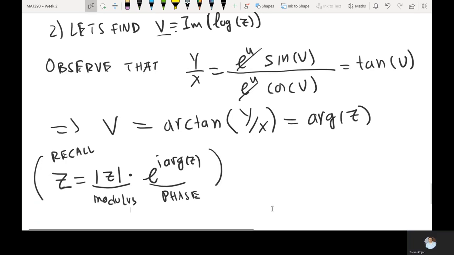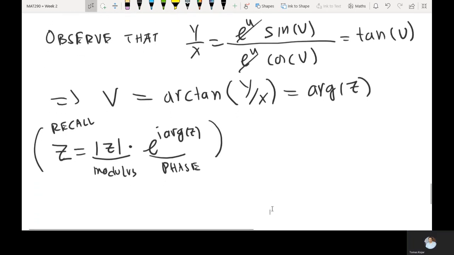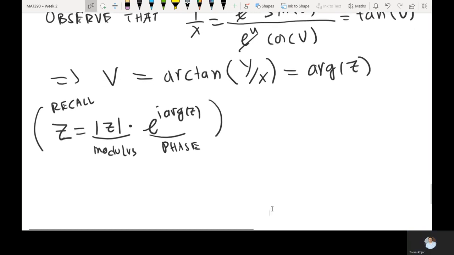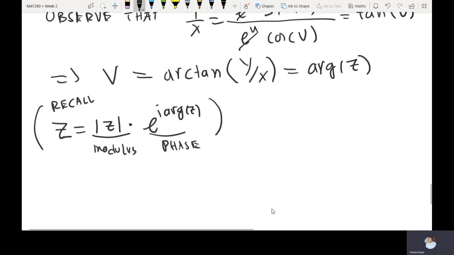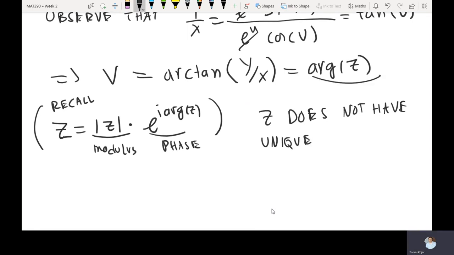But again, z does not have a unique argument.